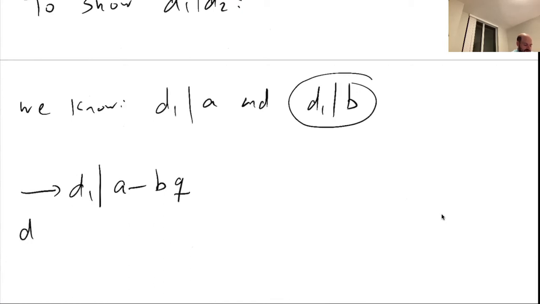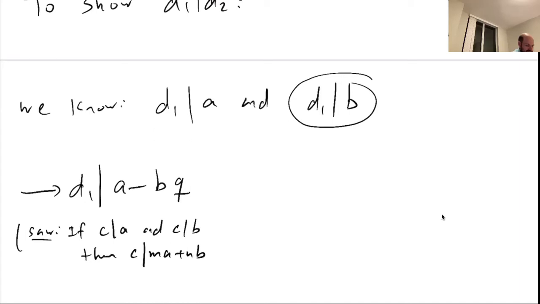Why? Because if D1 divides A and D1 divides B, then, this was a property we saw before: if C divides A and C divides B, then C divides MA plus NB. So D1 divides A minus BQ, and A minus BQ is R. D1 divides R.